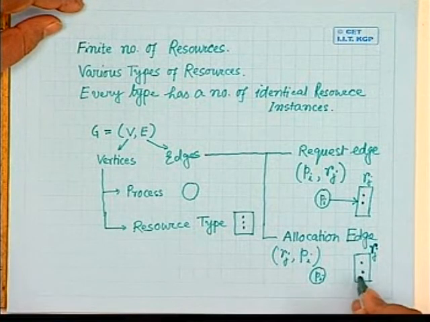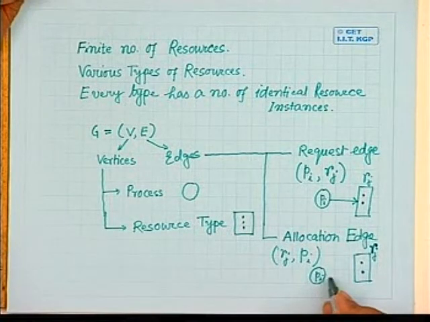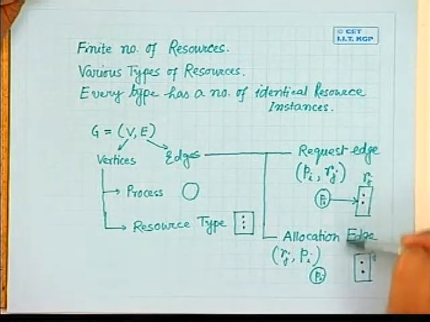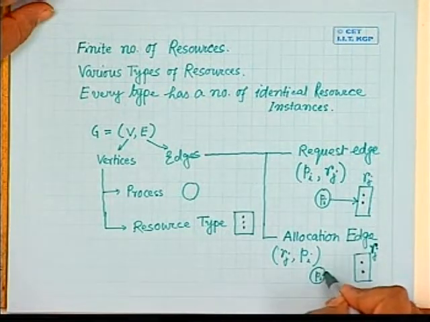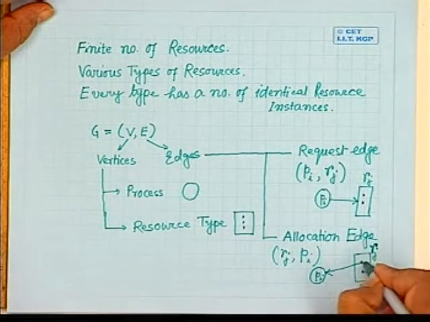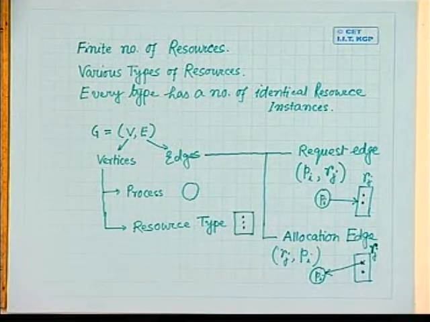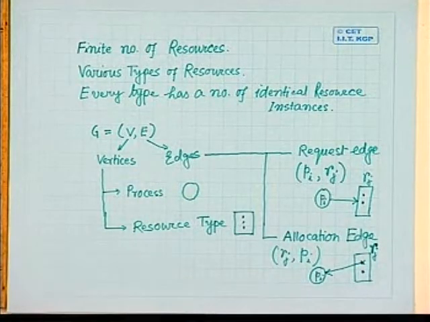One of these 2 will be allocated to process Pi. So when you convert the request edge to the allocation edge, when the allocation is actually made, then the edge has to start from a particular instance to the requesting process Pi. Okay. And this graph is called a resource allocation graph.